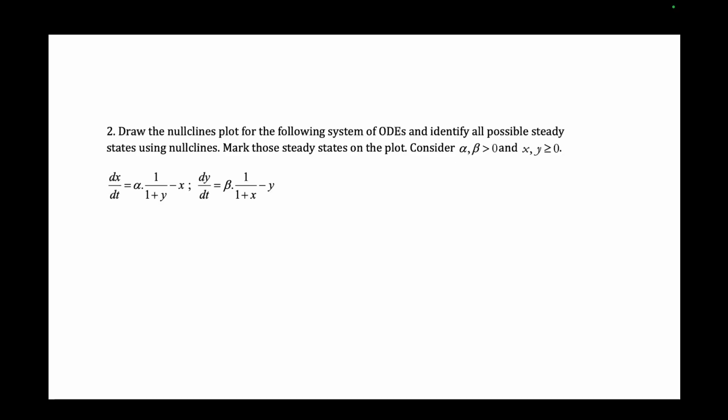Now let's try this second one. Write down the equation, then I will try to solve it.